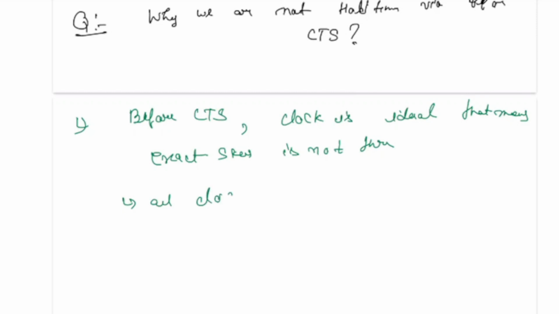All clocks reach the registers at the same time. We don't have any skew or transition numbers, so this information is not sufficient to perform the setup and hold analysis. The clock is propagated only after the CTS. Once the clock tree is built and clock buffers are added, we have the clock skew or insertion delay value. That's why we check the whole violation only after CTS.